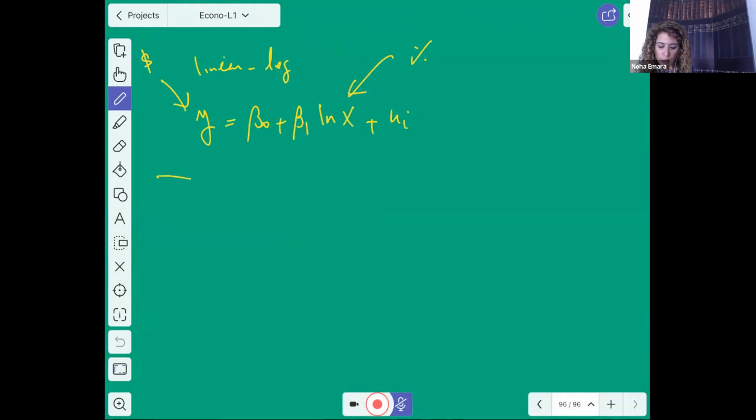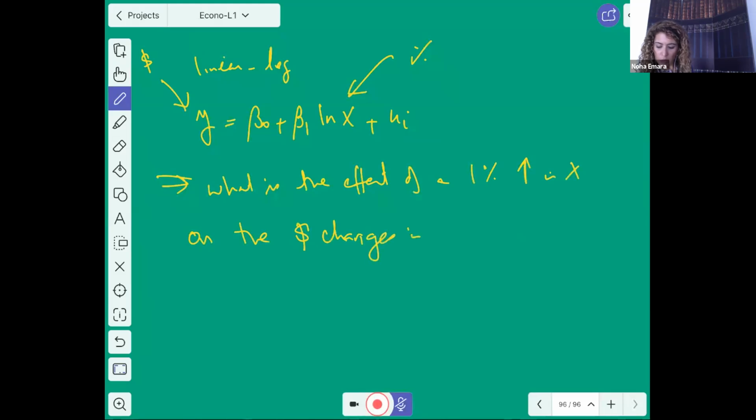So this model would be, what is the effect of a 1% increase in x on the, let's say, dollars change in y. Of course, I don't have to say dollar changes. I can say the changes of y, but I want to make sure you understand that y is another unit of measurement, but not percent.